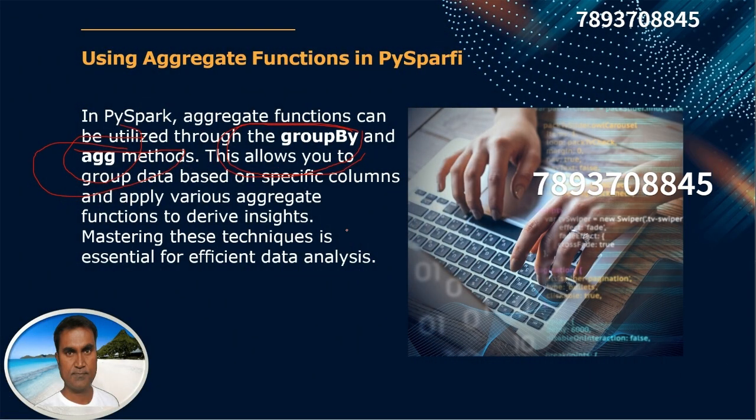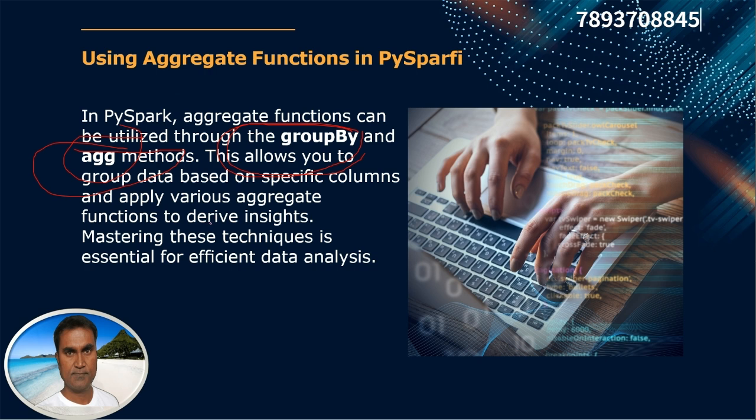Next, we see group by and aggregate. Group by allows you to group data based on specific columns. We can group specific columns and we can apply various aggregate functions using the agg method, the aggregate method.